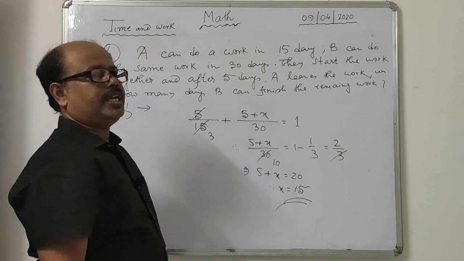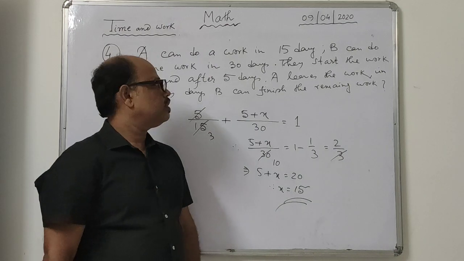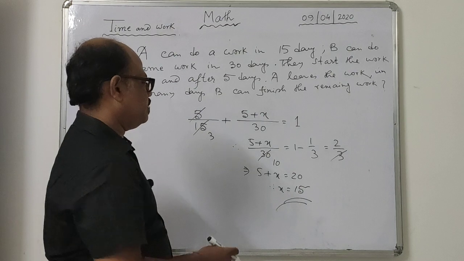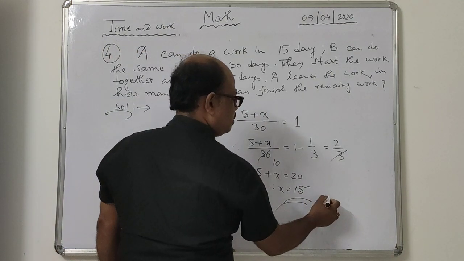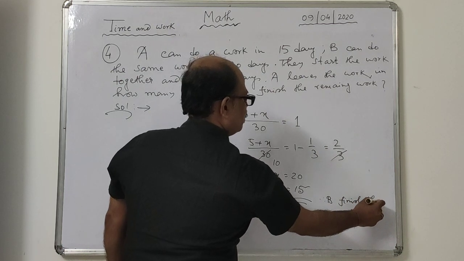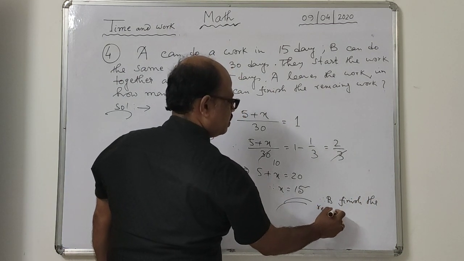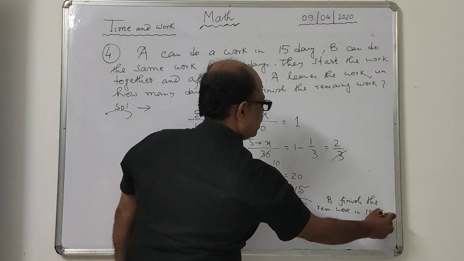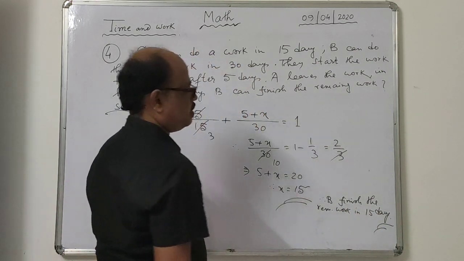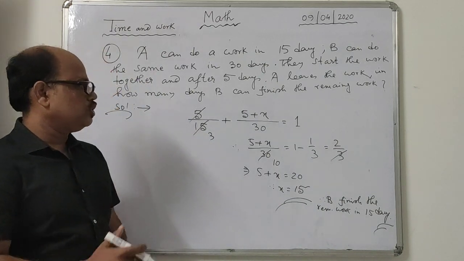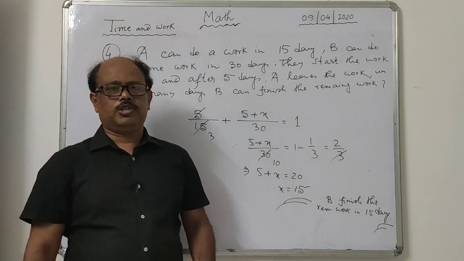Therefore, B can finish the remaining work in 15 days. Simple question, but you have to do it this way, using the algebraical method.